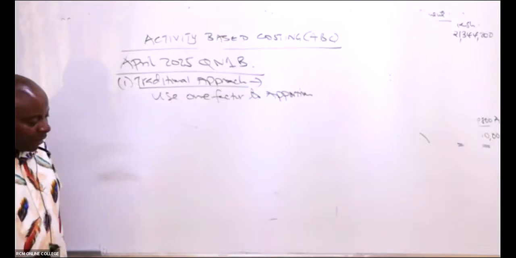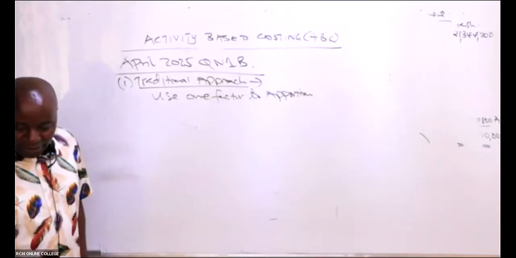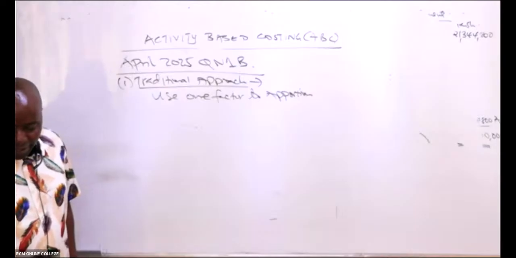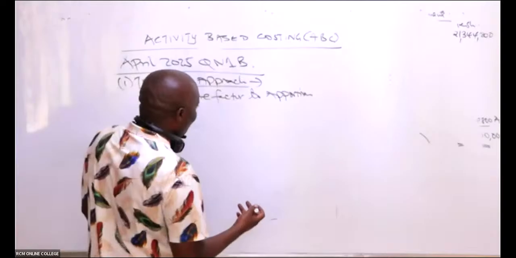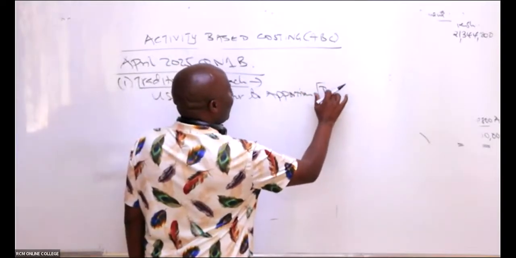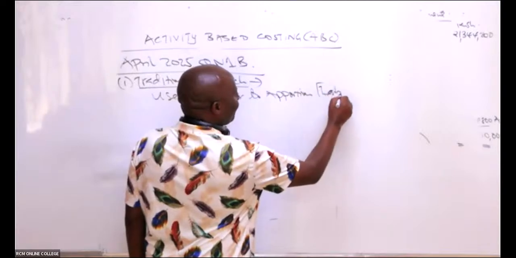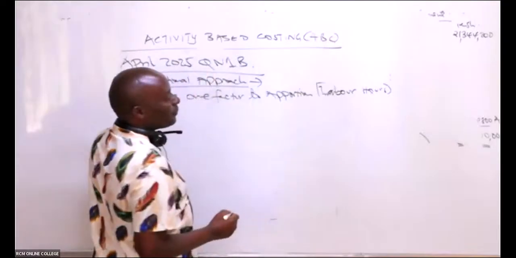In this case, they want us to use labor hours. I'll be able to share the handout a bit later. Let me first of all drive the concept home. They want us to use labor hours only.